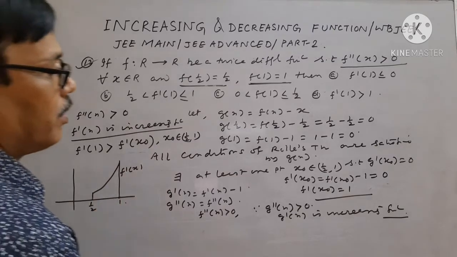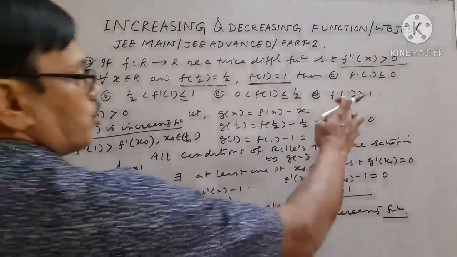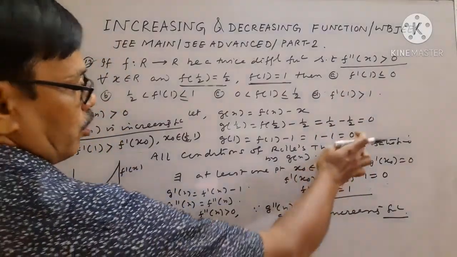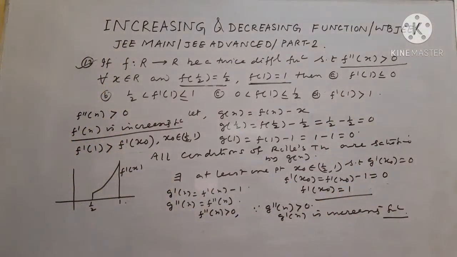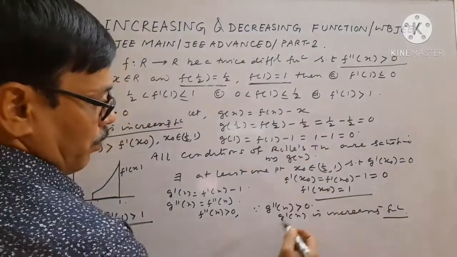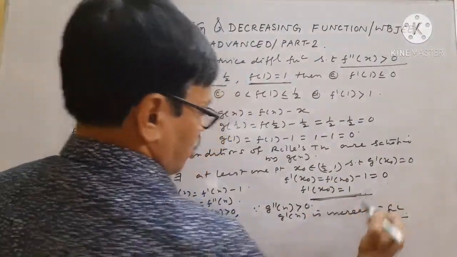So it is given that f dash x0 equals 1. So x0 lies between half and 1, an open interval. So what we can write is f dash 1 is greater than 1, because we have already proved that f dash x0 equals 1.